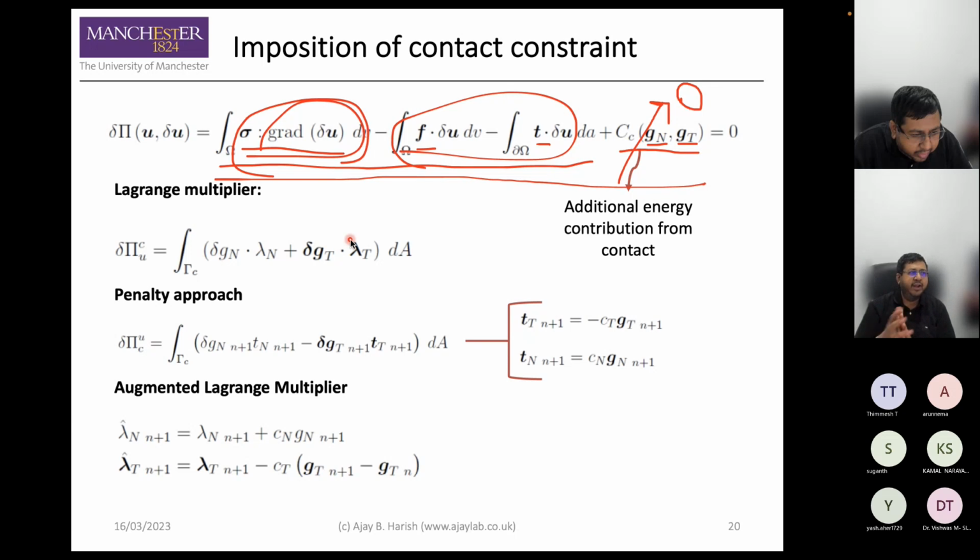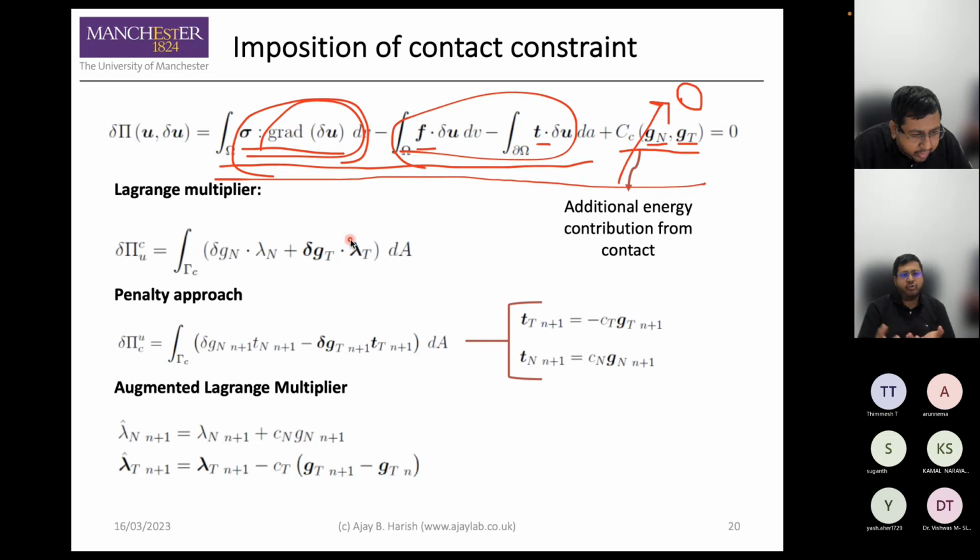With penalty, there are no oscillations, but you would have some bit of interpenetration, right? Depending on how big your parameters Cn and Ct are, you can control the amount of interpenetration. So can you live with a 1% loss in accuracy? Can you live with a 0.5% loss in accuracy? That's where the penalty approach is approximated so that you have a faster convergence.